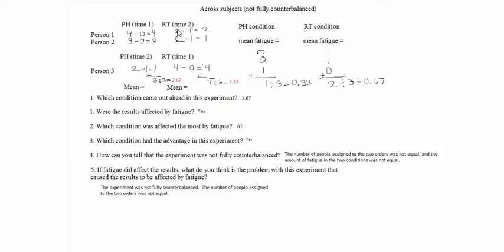The idea is that this rating right here is what they would have had without fatigue, but since they are fatigued, it drops down to this. So I filled in 4, 3, 2, and 3, 2, 4, and I subtracted all of the time 2 ratings by 1. And then this question says, which condition came out ahead in the experiment?